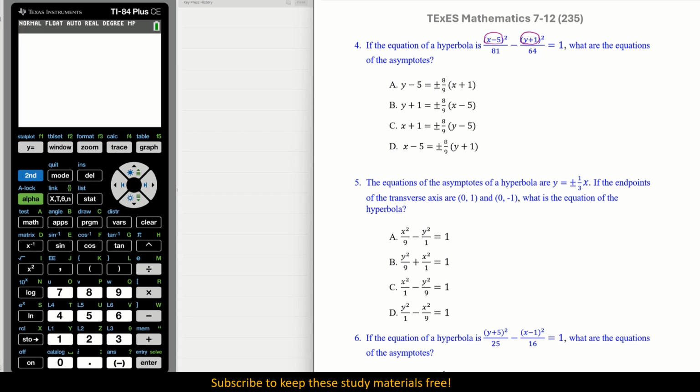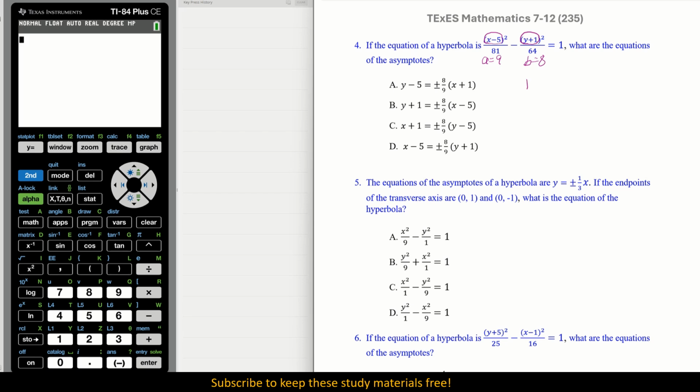That should appear. And we know that a equals 9 and b equals 8. And because of the properties, the major or transverse axis is along the x-axis.